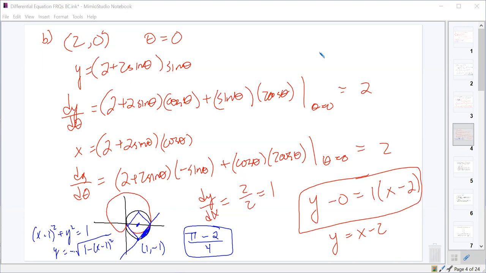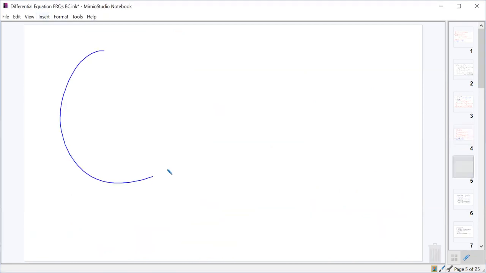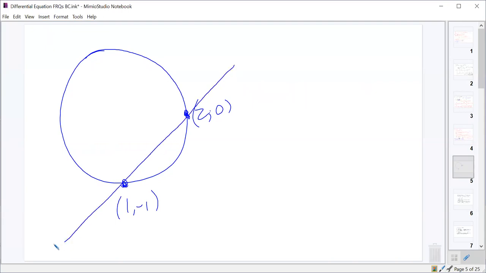Yeah, okay. And then, Darius, you asked me to do it again, so I'm just going to draw a little bit bigger. So we effectively ended up with this being the point (2, 0), and this being the point (1, -1), and our tangent line went through there like that. And if we recognize this is just a circle with a radius of 1, well, this is making this nice little quarter circle here.